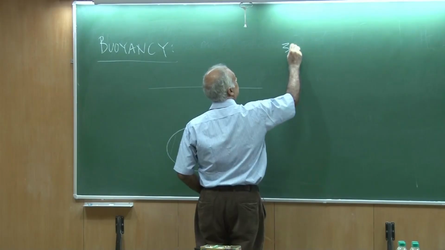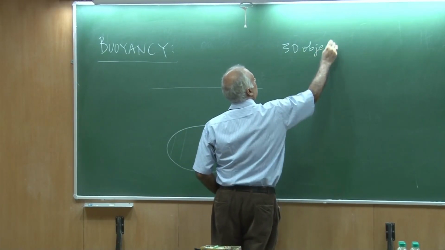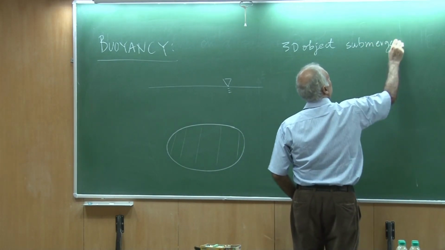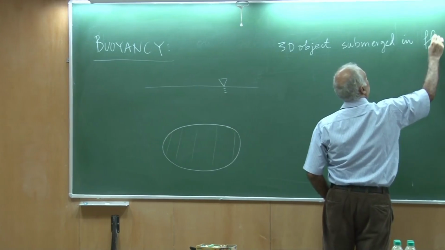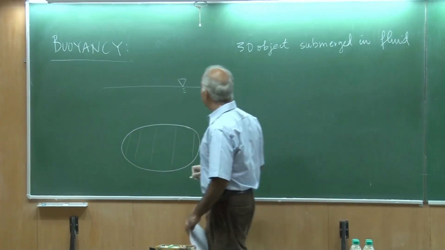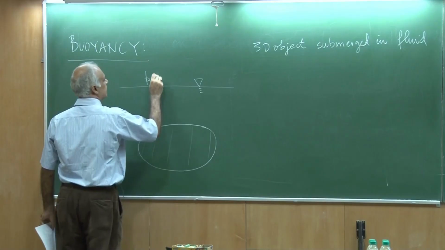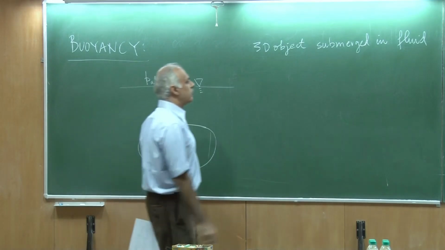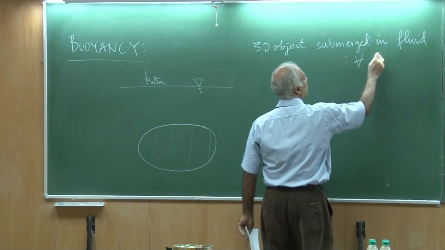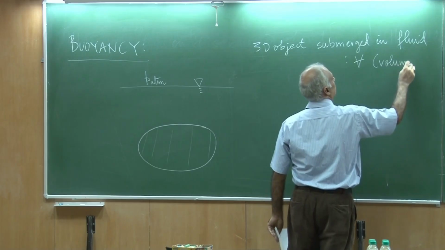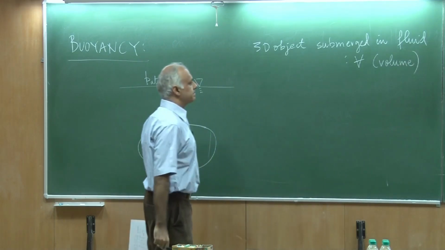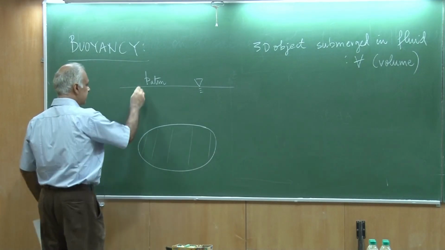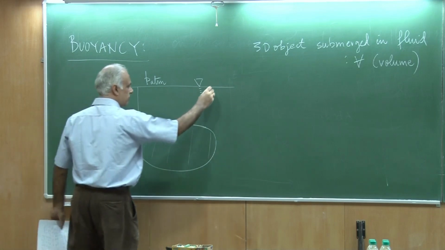So a 3D object submerged in fluid, and this, let's say, is the atmospheric pressure, and the volume of this object is V. I am going to break this into two parts.